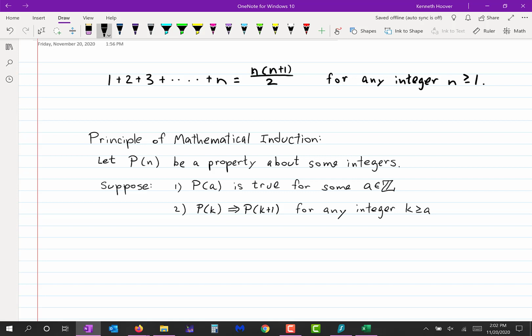So suppose those two things. Suppose P of A is true, and when P of K is true, we automatically get P of K plus 1 being true.